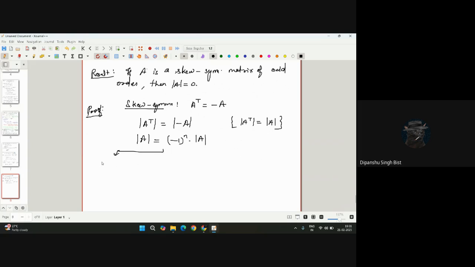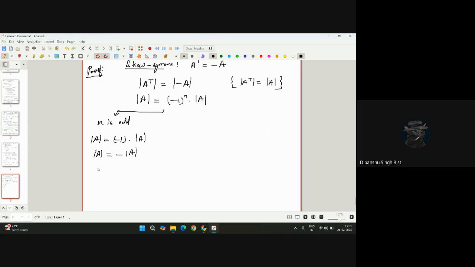One possibility is n is odd. If n is odd, what can you write? You can write determinant of A is equal to minus 1 to the power odd, which is minus 1 again, times determinant of A. So it is equal to minus of this.